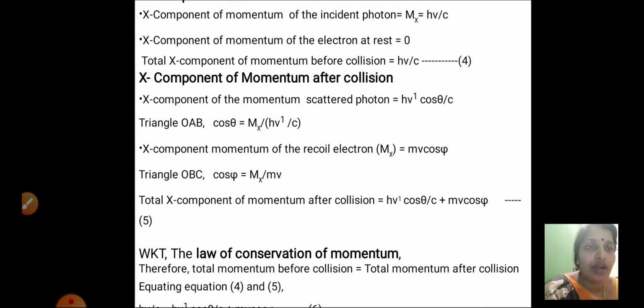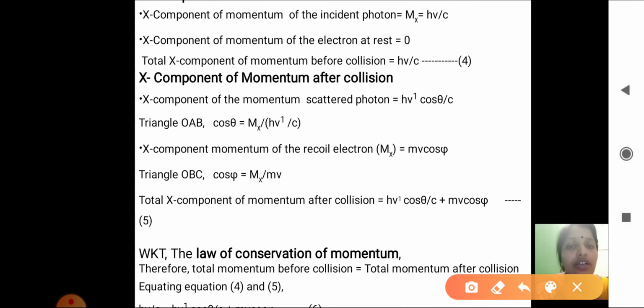You see, the x component of momentum after collision: the x component for the scattered photon is h nu dash cos theta by c, and for the recoil electron it is mv cos phi.